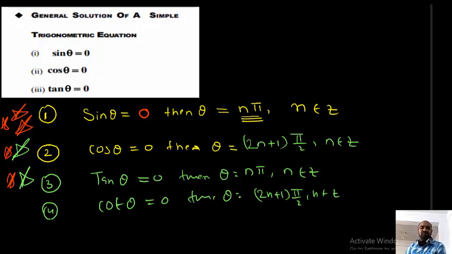I hope you understood how to find the general solution of the equation sin theta equal 0. You should remember sin theta equal 0 means theta equal n pi where n belongs to Z. Cos theta equal 0 means theta equal (2n plus 1) pi by 2. You only need to remember these two, and by using these you can find the others.